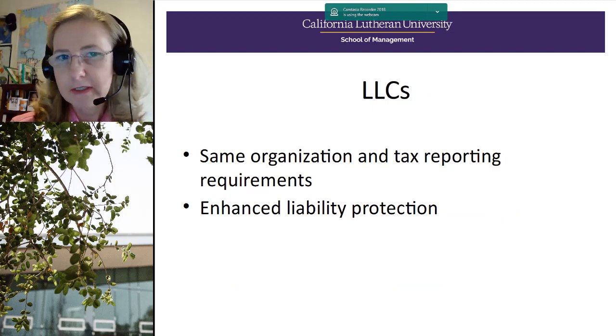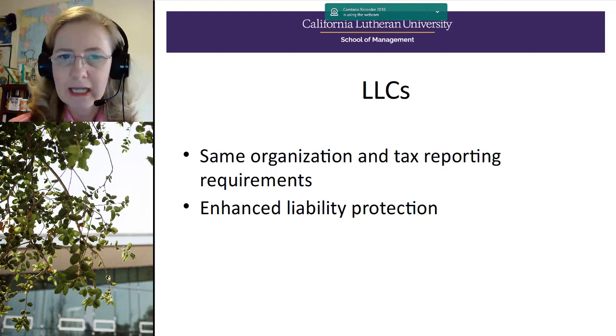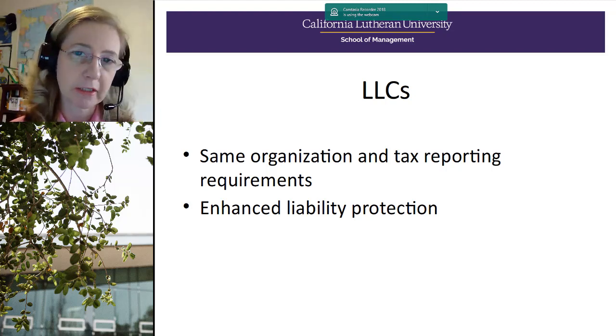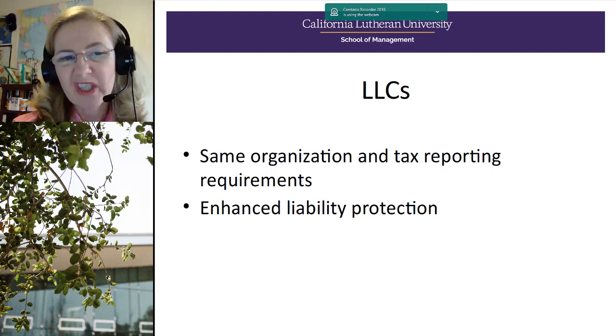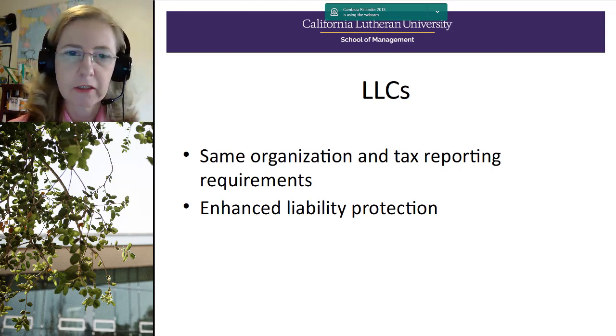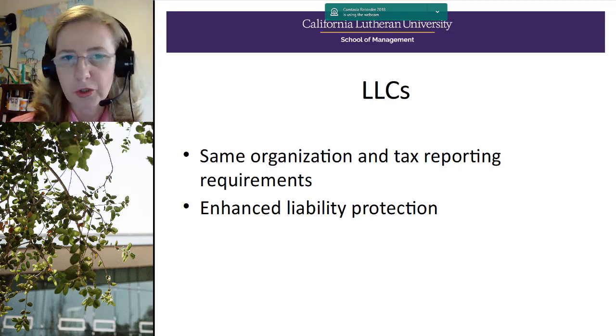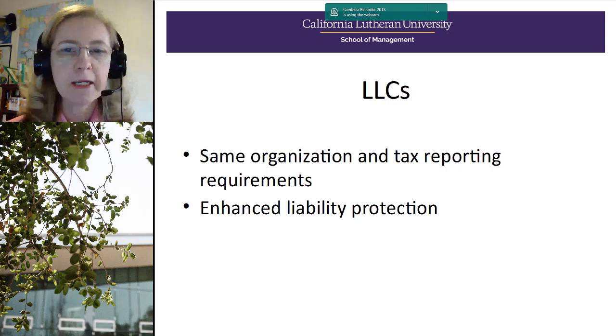Now, LLCs take this one step further. LLCs have the exact same tax reporting requirements as a partnership. In fact, they use the same tax form, the Form 1065. There are also the same basic organizational requirements. Of course, states do have the right to require something slightly different for LLCs than for partnerships, and states vary, and the terminology that is used is different.